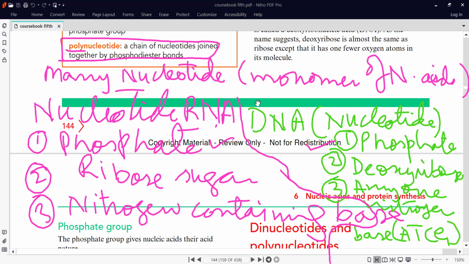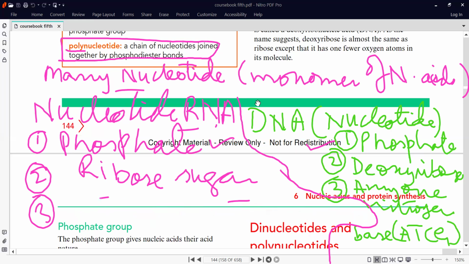Then we come towards the nitrogen containing base. Any one of the nitrogen bases. I will erase this. Obviously, it is a nitrogen containing base, but thymine will be replaced by uracil here.